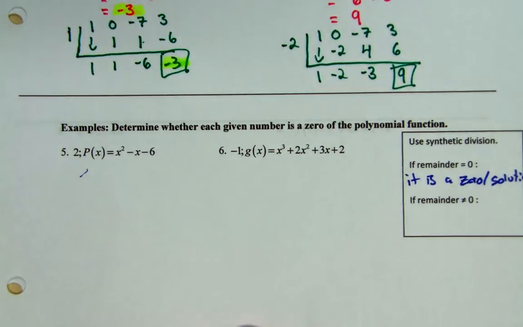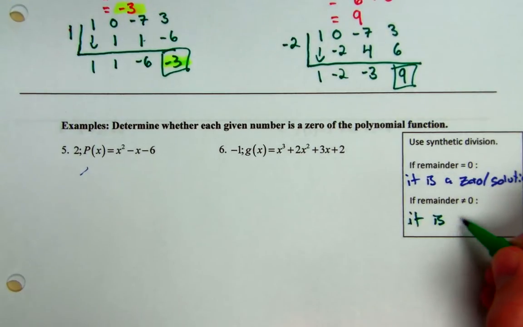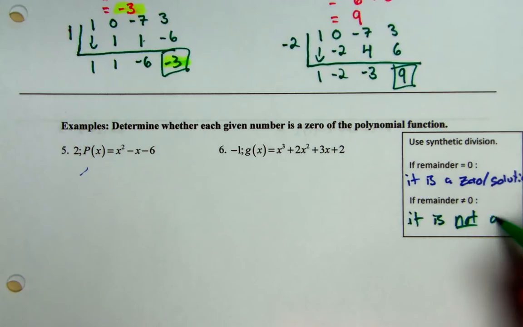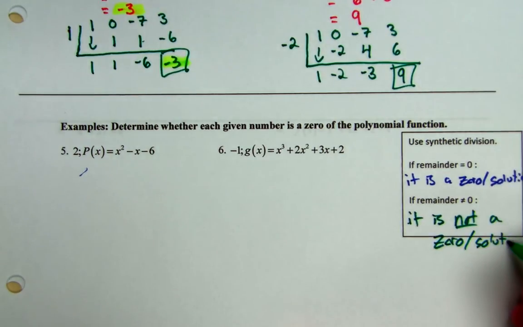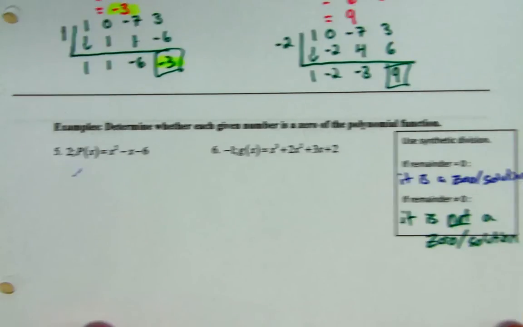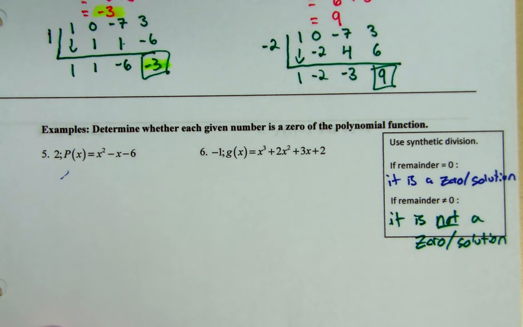If the remainder is not 0, then it is not a 0 or solution. So again, all we're doing here is synthetically dividing and determining whether it is a solution or not.